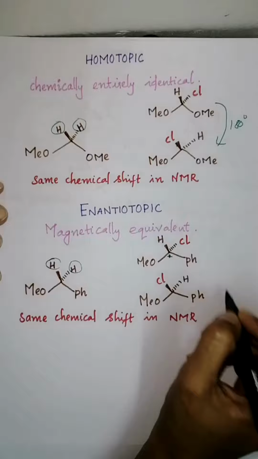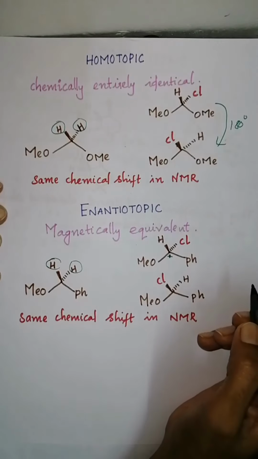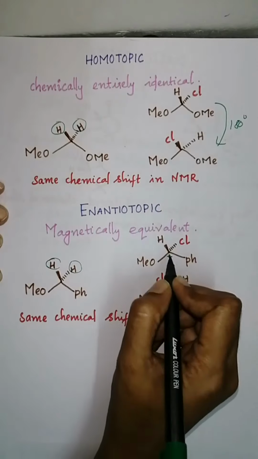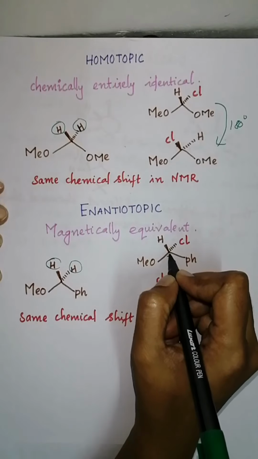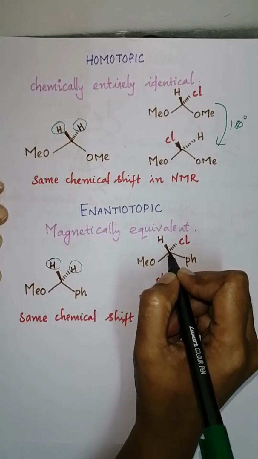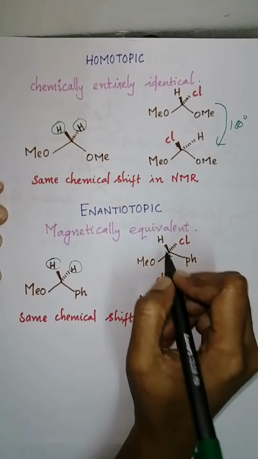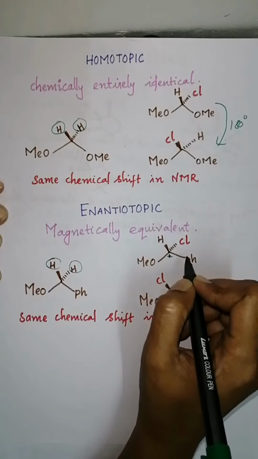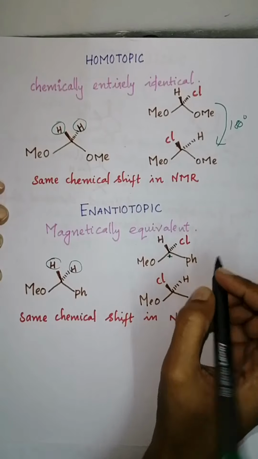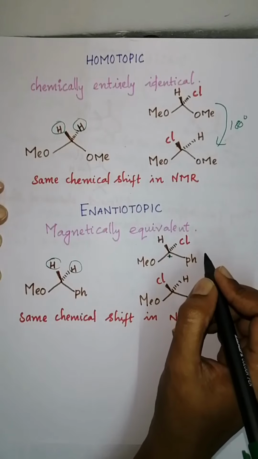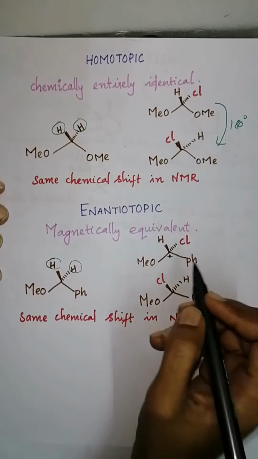Now see what is the relationship between these two structures. First of all, we can see that on replacing one hydrogen in this structure, we will get a chiral center, because the four atoms attached to this are different, which means that this is a chiral carbon. Now we can see the relationship between these two.